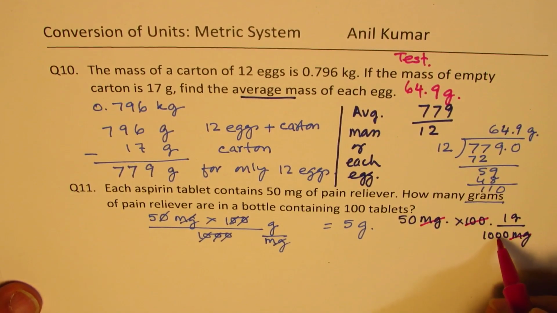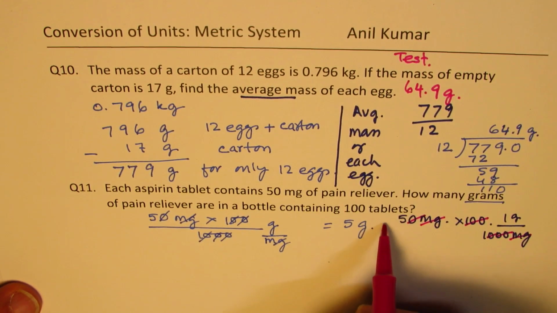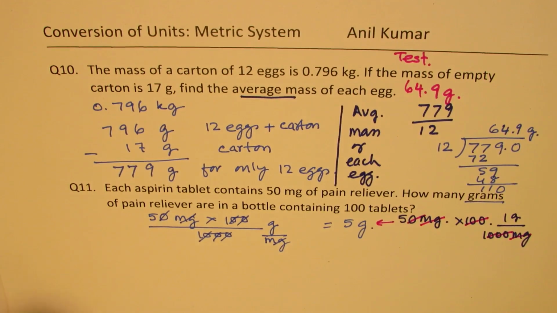You can cancel 100 with 2 zeros, 50 with 1 zero. You're left with 5 grams. Is that clear to you, right? So that is the last example for us, where we also saw how to convert units by cancelling the units or writing the conversion factors in fraction forms.